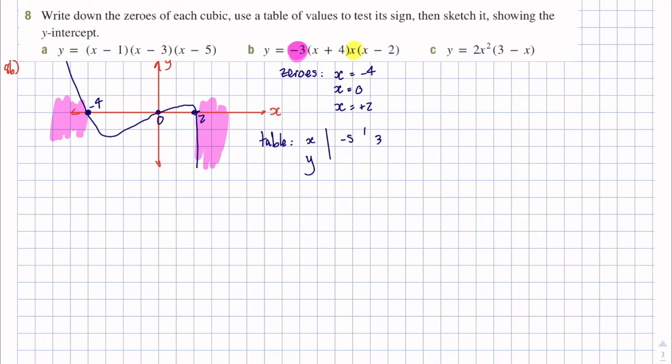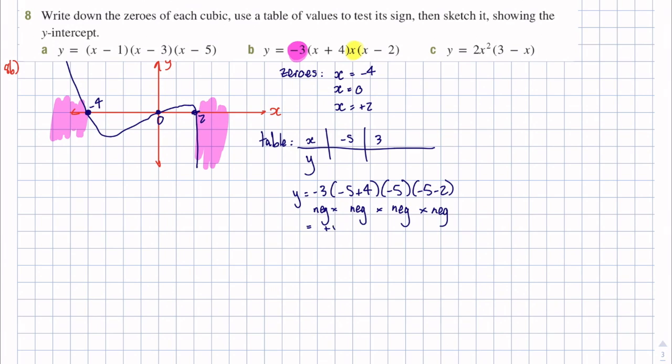What would y have been in those situations then? So we've got y equals -3 outside of -5 plus 4, -5, -5, take 2. So we've got a negative times a negative times a negative times a negative, which gives it a positive.